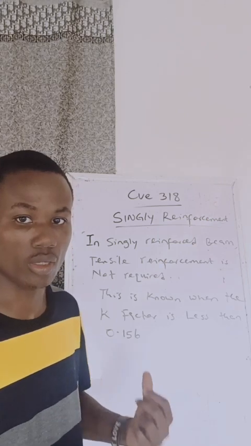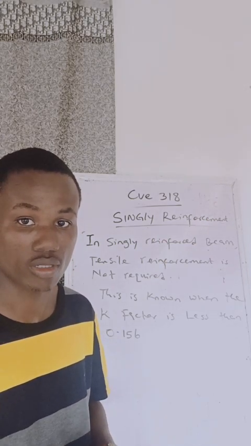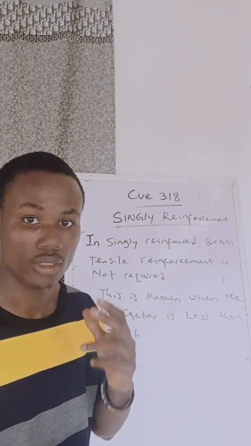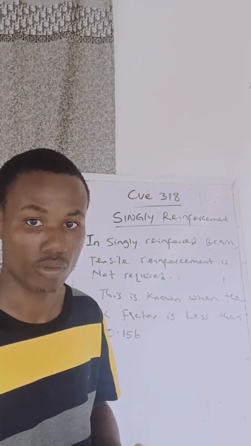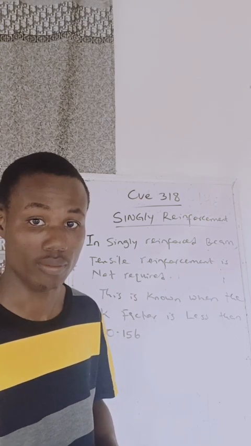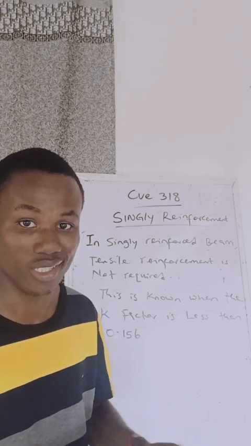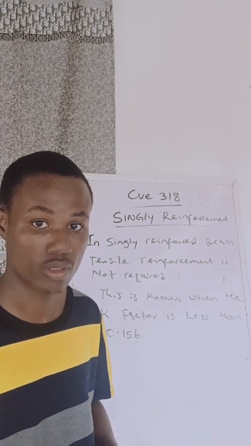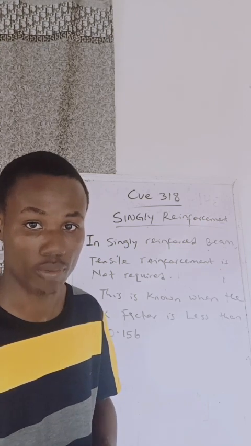So when the normal reinforcement required in a beam is less than the 0.156 factor, then it's a singly reinforced beam. But for a doubly reinforced beam, reinforcement is required. That is, the K factor is greater than 0.156. So that is how to differentiate between singly and doubly reinforcement.